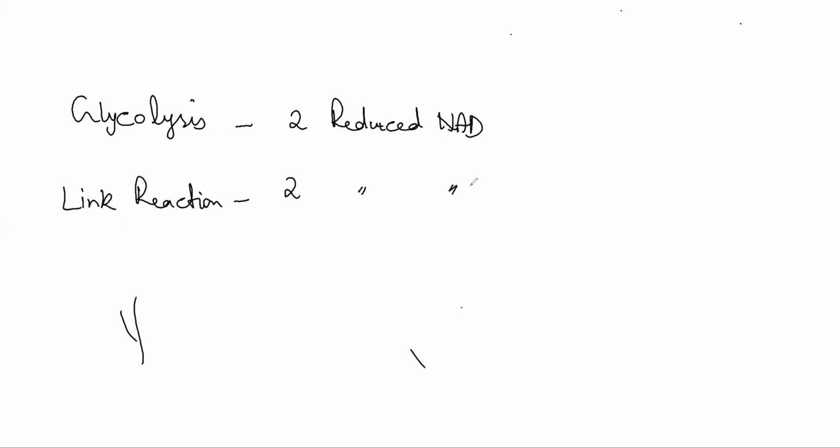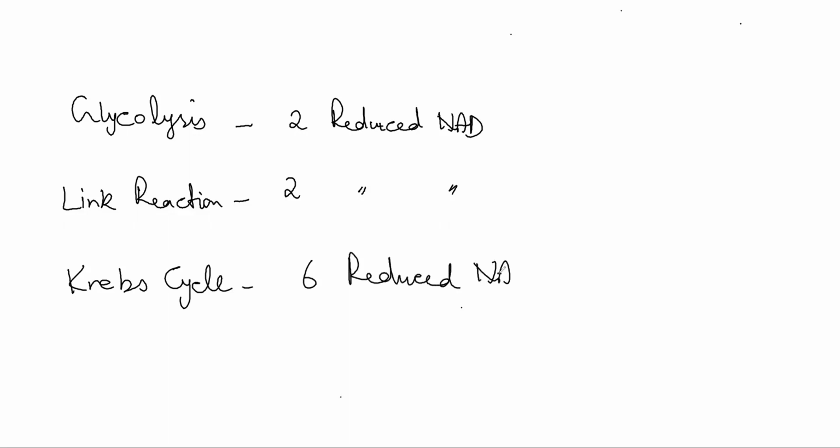And if we look at the Krebs cycle, there are 6 reduced NAD and there are 2 reduced FAD. So what enters into the oxidative phosphorylation? How many reduced NAD and how many reduced FAD?